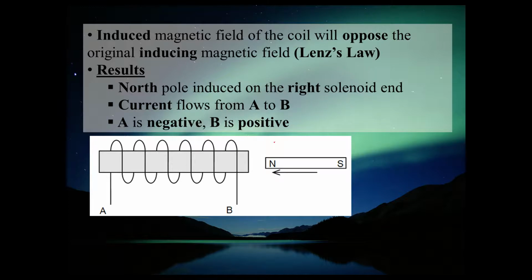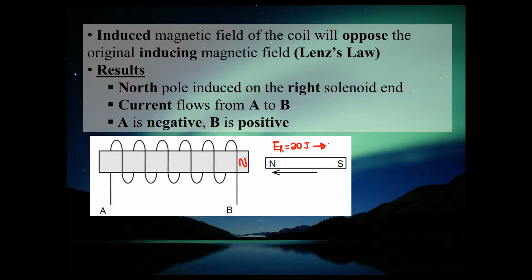And let's say we start off with it moving, and we start off with 20 joules of kinetic energy. As this bar magnet gets closer, again, Lenz's law would tell me that I'm going to induce a magnetic field that opposes the motion of my original bar magnet. So that's a north pole. What that's going to do is slow this bar magnet down.